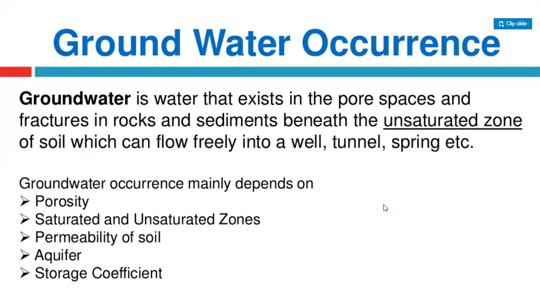Groundwater is water that exists in the pore spaces and the fractures in rocks and sediments beneath the unsaturated zone of soil, which can flow freely into a well, tunnel, springs, etc. Groundwater occurrence mainly depends on porosity, saturated and unsaturated zones, permeability of soil, aquifer, and storage coefficient.